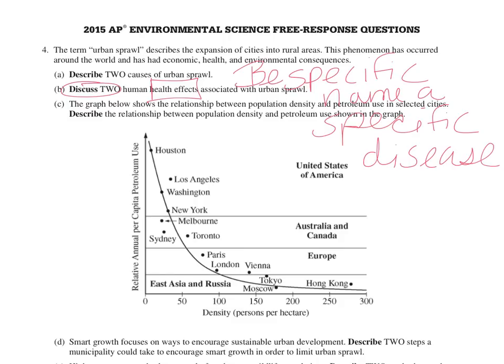So the driving more was the cause, kind of. A better answer would be people live in the suburbs and have to drive further to work. That's the cause. The effect would be higher rates of obesity. So obesity is actually a disease, so higher rates of obesity would be the effect. So always a 2-part answer for discuss.